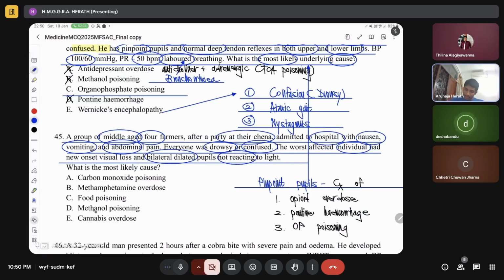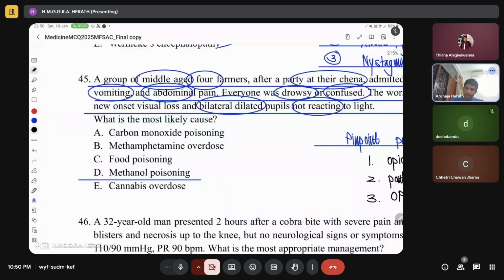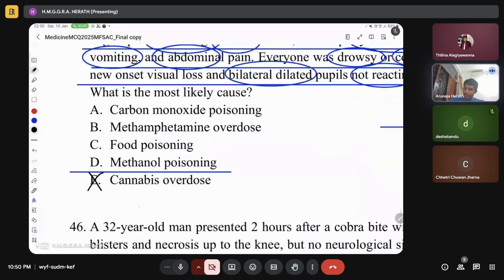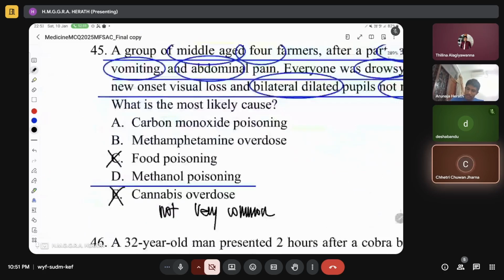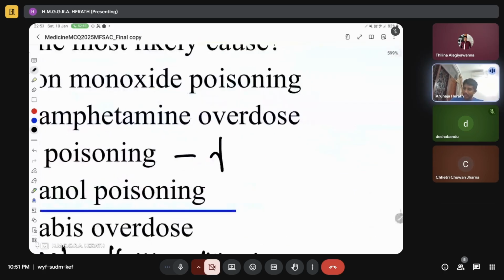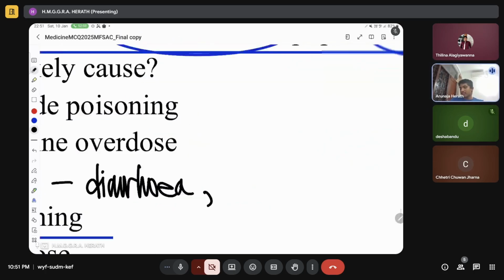Can cannabis overdose happen? Not very common. Food poisoning? Not this much. With food poisoning people get simple diarrhea. What is the most dangerous type of food poisoning in the world?